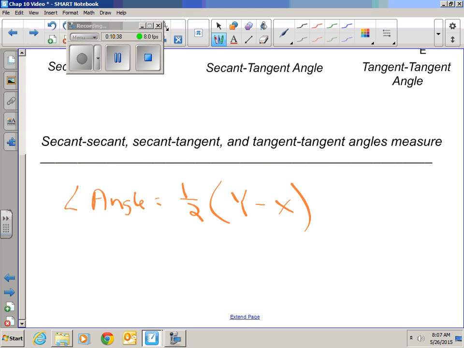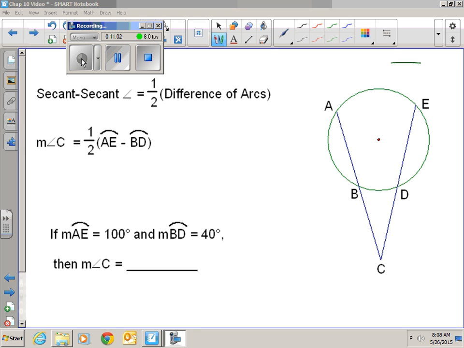Okay? So in type 1, when we were inside the circle, we were adding the arcs. When we were on the circle, we were just taking half of the arc. And in angles outside of the circle, these vertexes outside of the circle, we are taking 1/2 the difference, or we are subtracting the arcs. Okay, so looking right here, the secant angle is again equal to half the difference of the arcs.